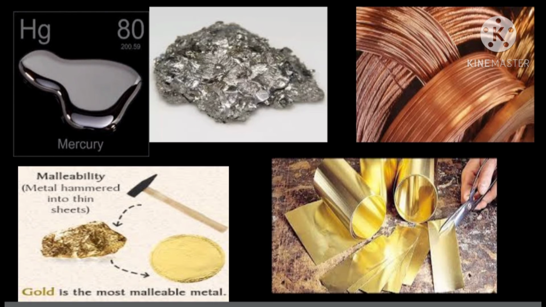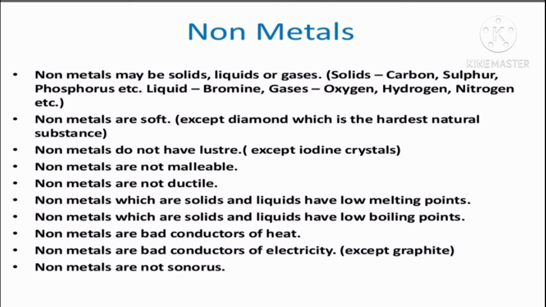Okay. Now let us see the physical properties of non-metals. So dear students, non-metals may be solid, liquid or gases. Very very important. हमने मेटल्स के बारे में क्या पढ़ा था? That metals are generally solid except mercury, but here we are able to see that non-metals are available in solid state also, liquid state also and gases also. So here the examples are given, that is solid: carbon, sulphur and phosphorus.